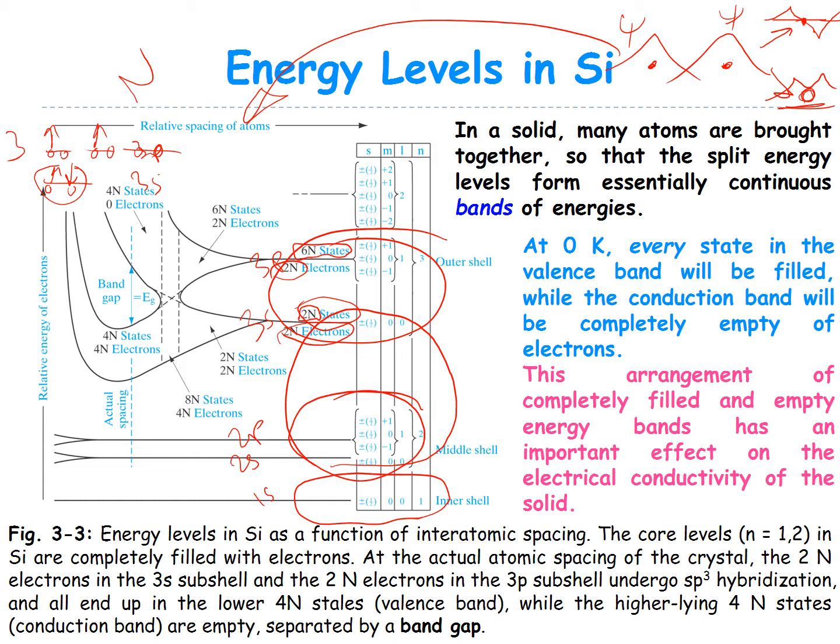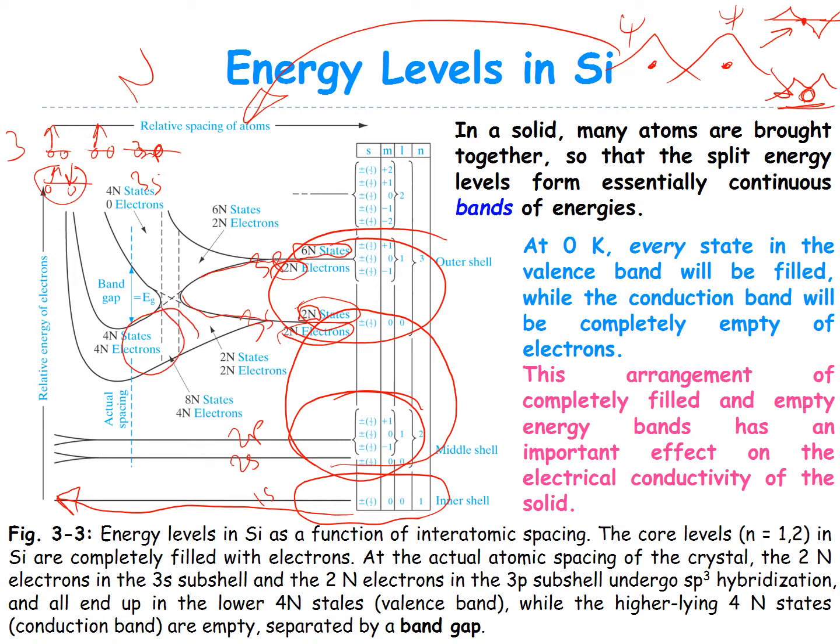So now you can imagine bringing these n number of atoms together, and as you go to your left here, you are bringing the atoms closer and closer together. Just like in the case of the two atoms, the wave functions of the atoms will interact, and if they are in phase, they will constructively interfere, forming the bonding state.